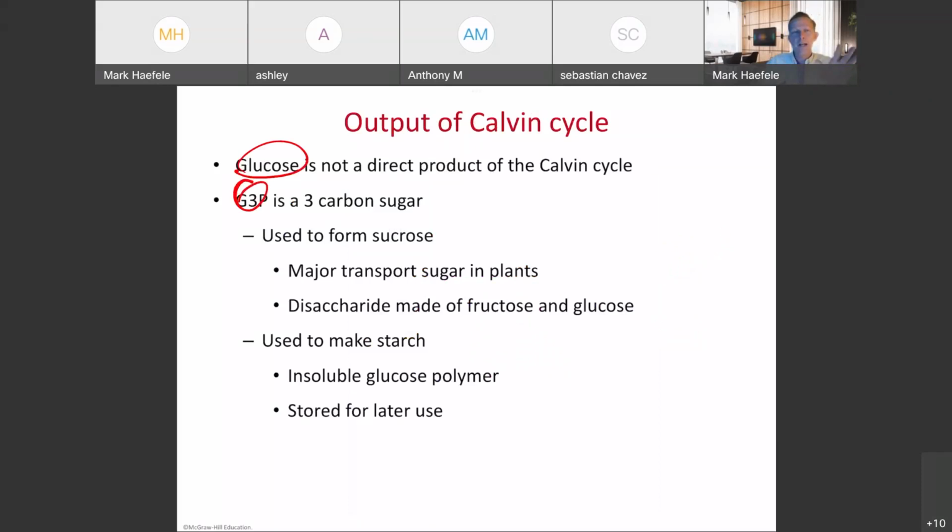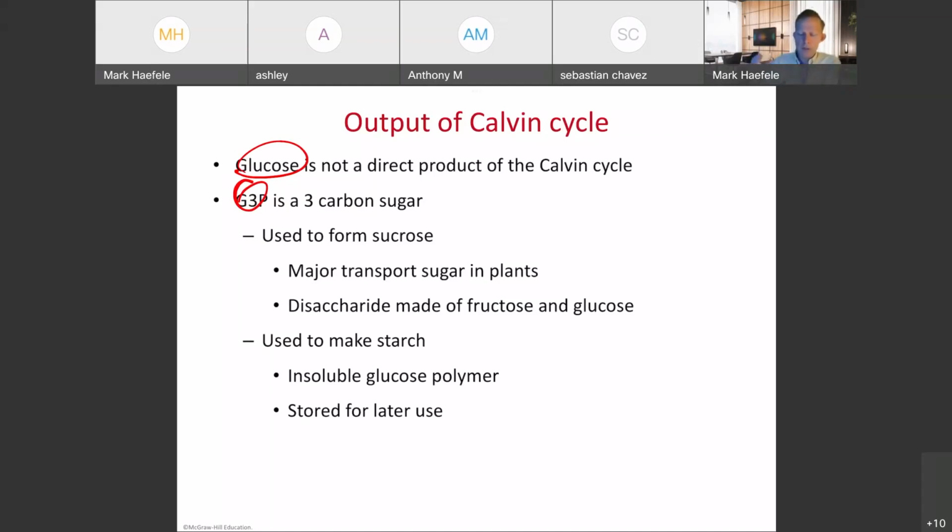Matter of fact, when we said that the sugars are loaded into the phloem earlier in this chapter, what's actually loaded in the phloem is typically G3P because it's easier, it's more transportable. And so it's a little easier to carry around and transport.